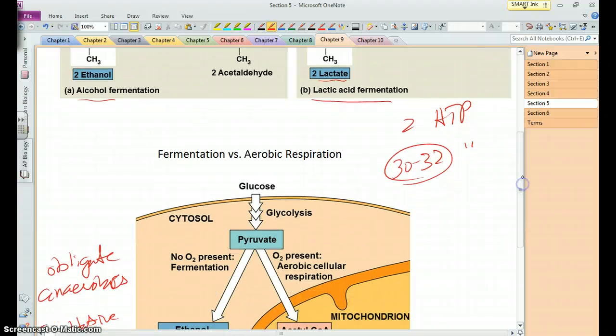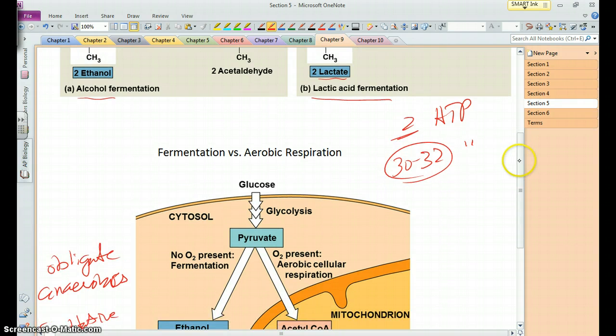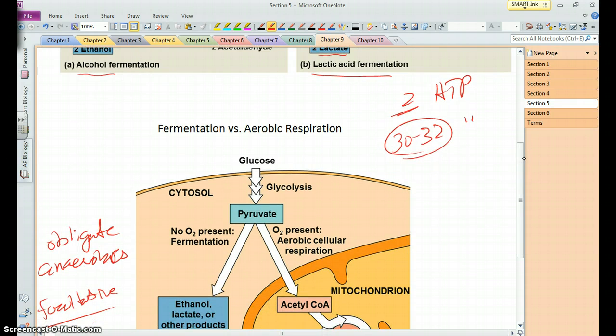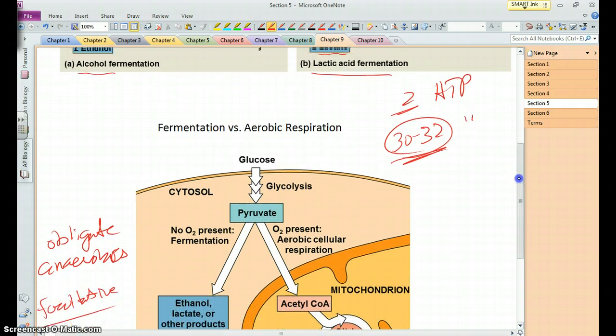Now, if you're a yeast and you're a single-celled organism, just getting a couple out is probably okay with you. But for a large multicellular organism, like the vast majority of eukaryotes, they need to be much more efficient at extracting energy from their food, so they do aerobic respiration.